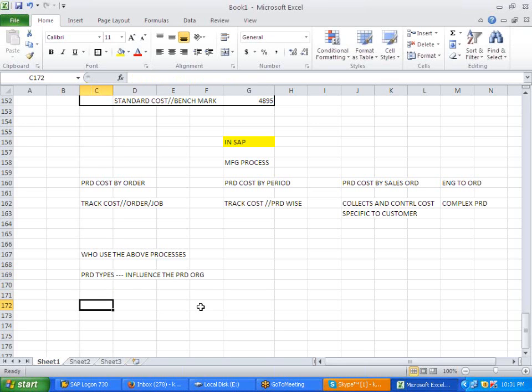Now, what kind of production types do we have? Let's say discrete manufacturing. Heard about this word? Like automotive manufacturing. Automotive, electronics, right? Discrete is nothing but switching from one product to another product immediately. There is no time gap.